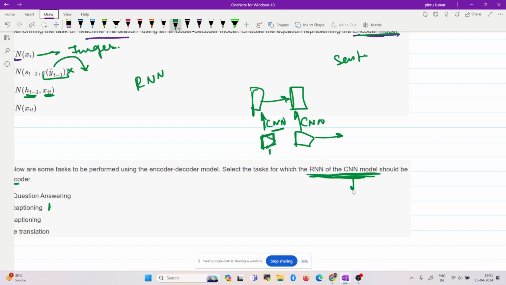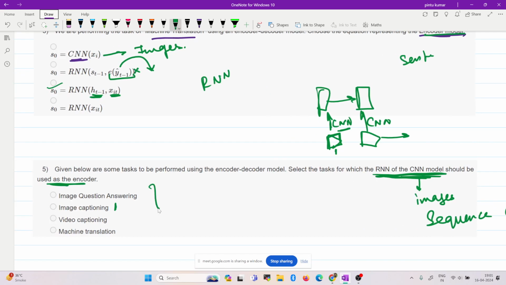You apply CNNs on images. So you have a sequence of images that you want to process as your input. In what kind of task will you have a sequence of images as your input? Video. The correct answer is video caption.